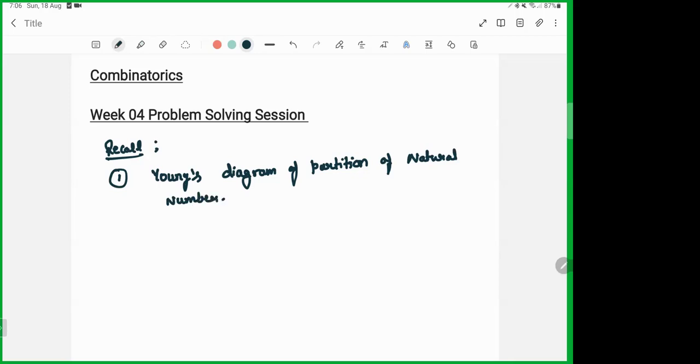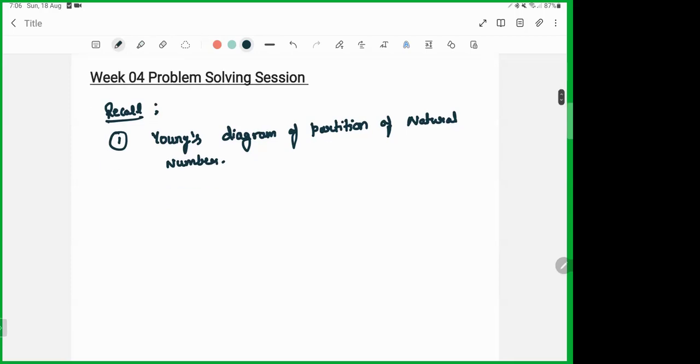By using this, we also proved the recurrence relation for the partitions of a natural number. Then what we have done after this? After this, we went to the principle of inclusion and exclusion.